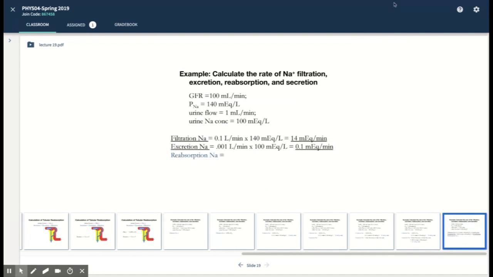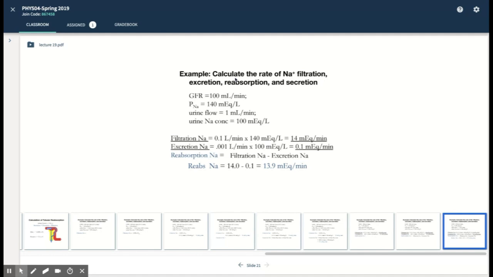In this case, is your filtration greater or less than your excretion? Much greater. Okay, so do we have reabsorption or excretion? Reabsorption. Okay, so if you take your filtration and subtract your excretion, you're going to get that lovely 13.9 from the previous question. What if you did your secretion equation, which was your excretion minus your filtration?